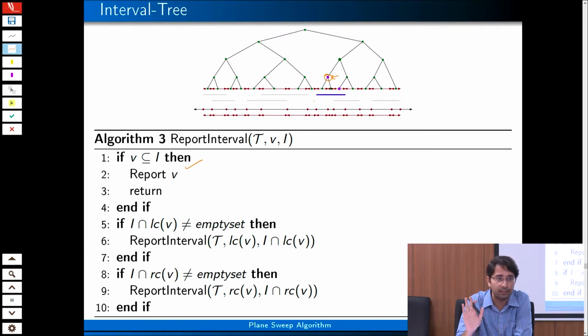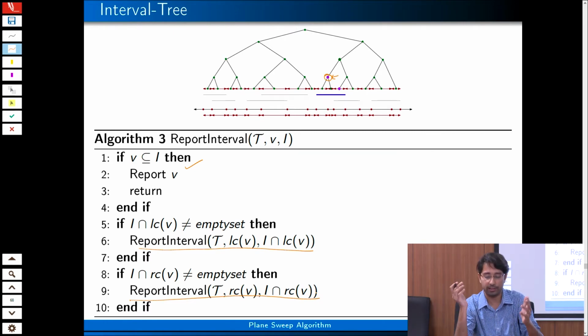We don't go any further, we report that node. If not, then we recursively call this into the left subtree and the right subtree if it participates in both sides. So I am checking whether it has some participation in the left side, yes, I move to left. If it has some participation in the right, I move to right.